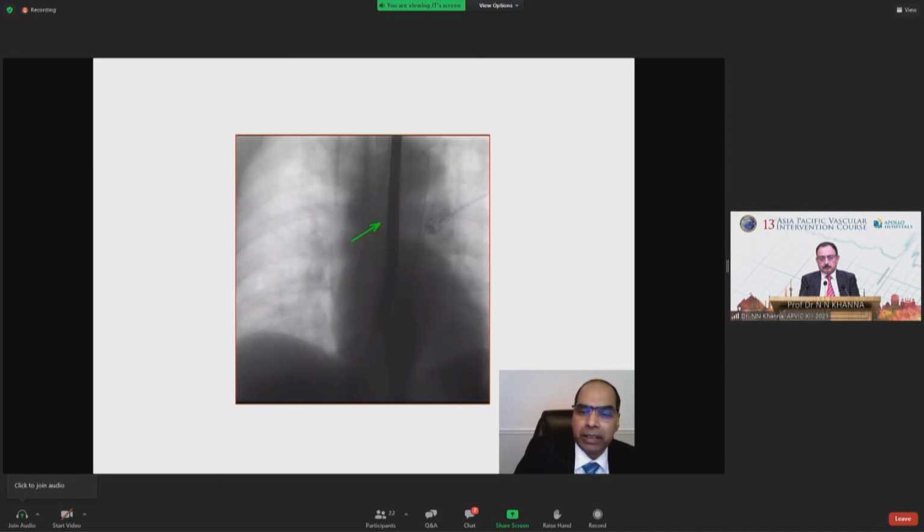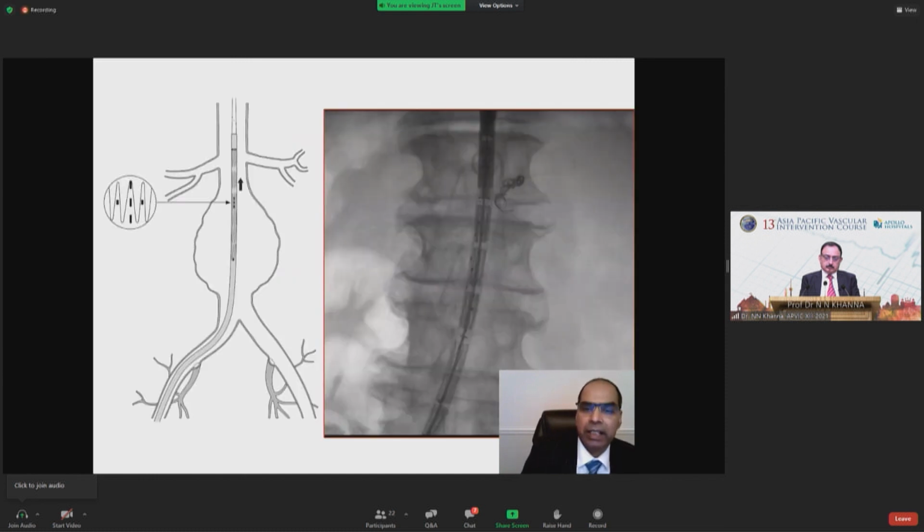It is important to realize that these devices are very, very long, and they go into the arch of the aorta. Here you see a transesophageal echocardiography probe for cardiac output monitoring during the procedure, and also give additional information regarding the guide wire positions, etc.